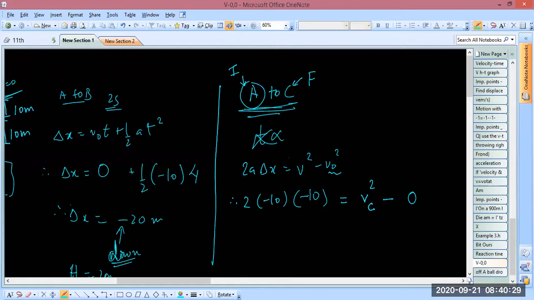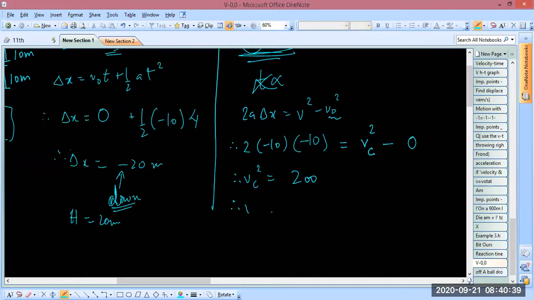So finally you get Vc square equal to 200. Therefore Vc equal to, now this is very crucial, listen to this very carefully. You might be thinking that Vc is equal to root 200, but this is wrong.